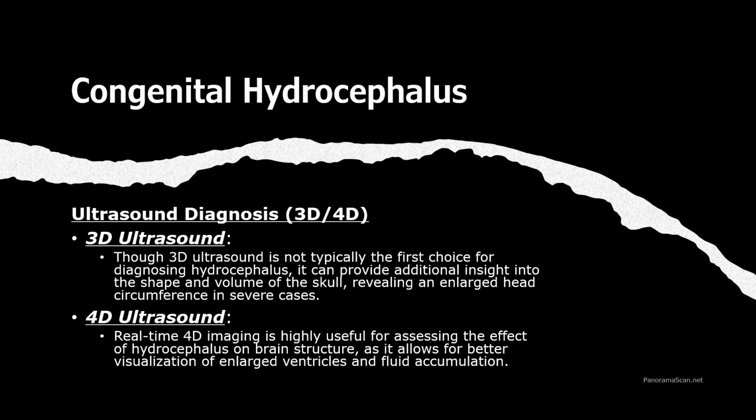This dynamic imaging can enhance our ability to study the brain architecture, helping to identify secondary effects of the condition on surrounding brain structures. Together, these advanced imaging techniques complement standard diagnostic methods, giving us a more comprehensive understanding of congenital hydrocephalus and its impact.